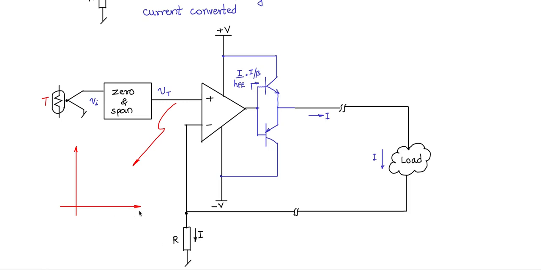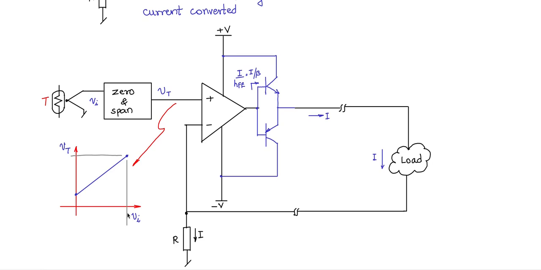So if your x-axis is Vi, y-axis is Vt, then I would like to have a transfer curve in this fashion as shown here. I'm going to have an offset. When Vi is equal to 0, I want Vt to have an offset. So that when Vi is equal to 0, Vt will be having an offset, and then from there on increases linearly till Vi max, where I will get max value of Vt.